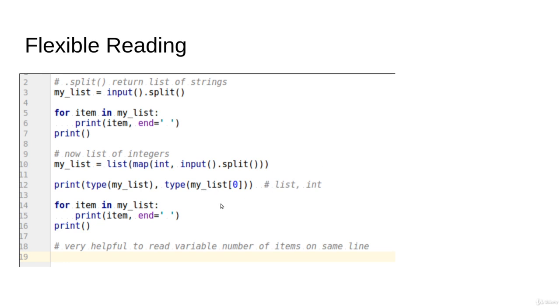The moral of this is you can have flexible reading using a list. Either if you would like a list of strings, you can just get it here directly, or if you would like a list of integers, you just use list over a map of something. We will see this a lot in the practice and in the homework. So this is very, very nice and very flexible, instead of a few fixed numbers of items to use.